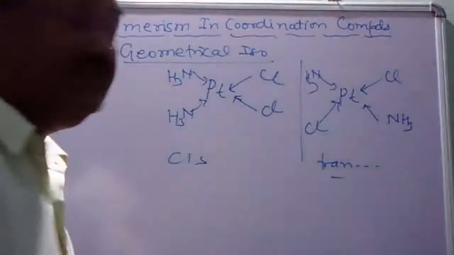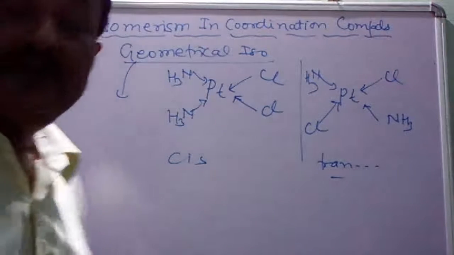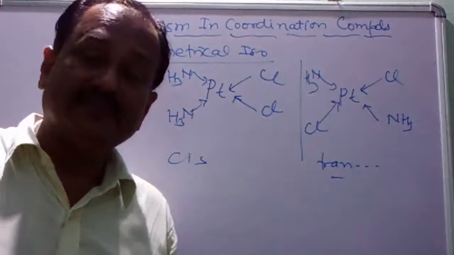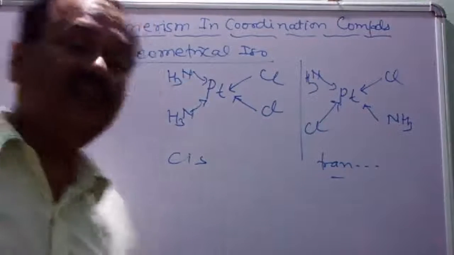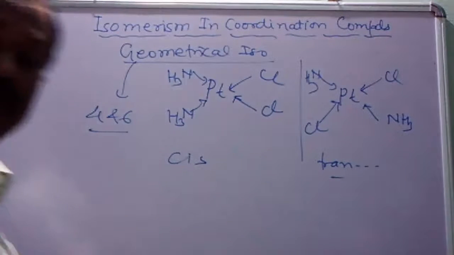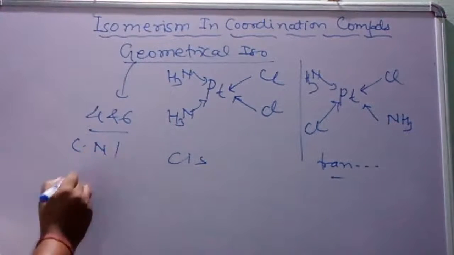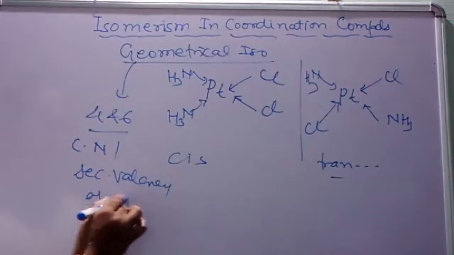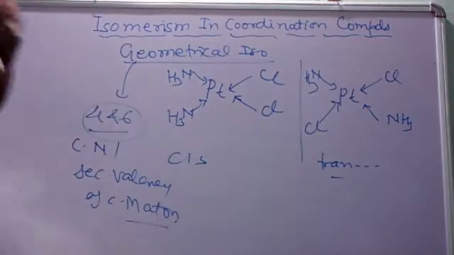The prime condition for geometrical isomerism is that it is exhibited by compounds in which the central metal atom has coordination number or secondary valency of either 4 or 6.